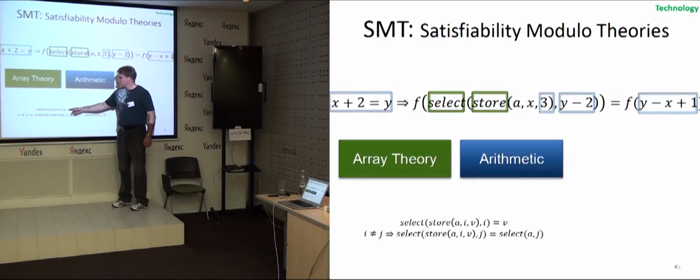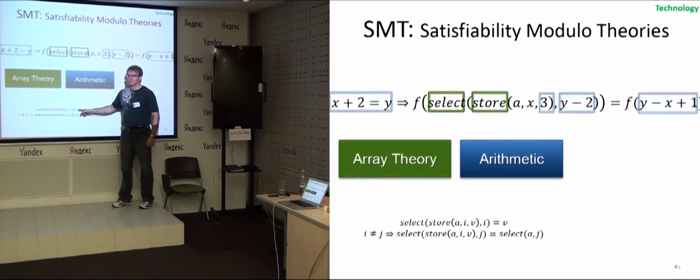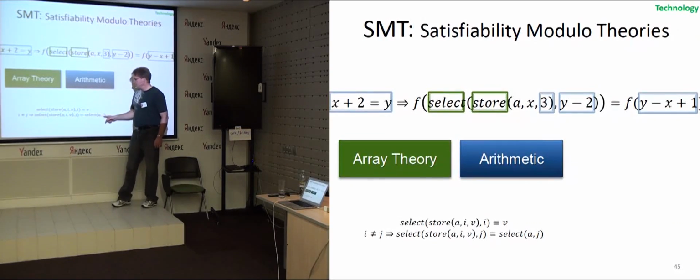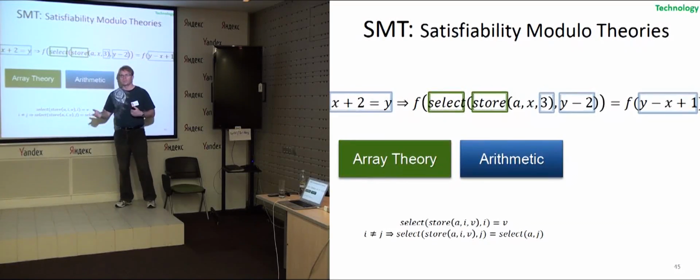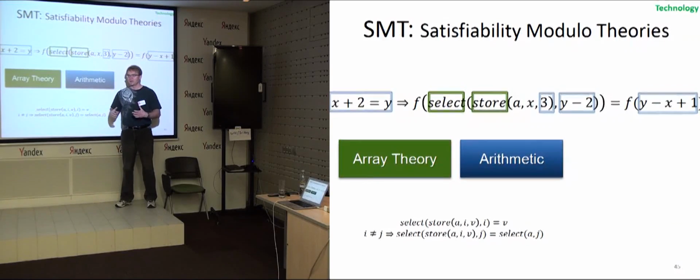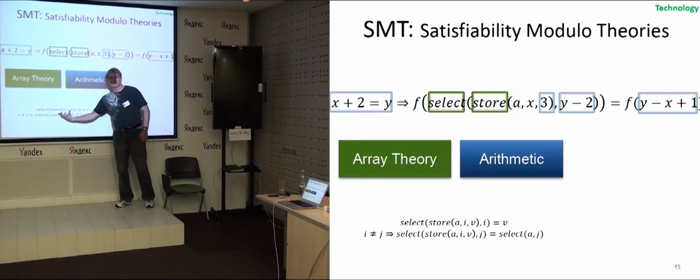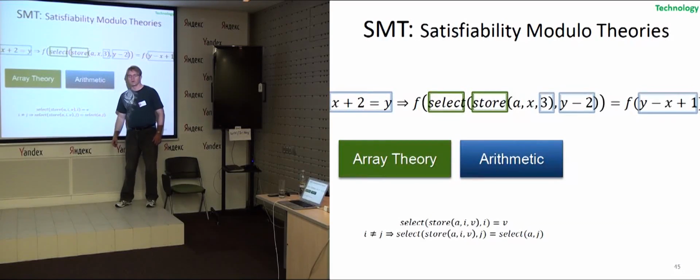The store term takes an array, an index, and a value, and if you select back the index you just updated, you get back the value. If you index on something that's different from what you just updated, then you get back something that was in the original content. So if you have a program that updates an array, you can treat it as taking the original version of the array and updating it with respect to those values. So you can translate programs that operate on arrays into this kind of formulas.